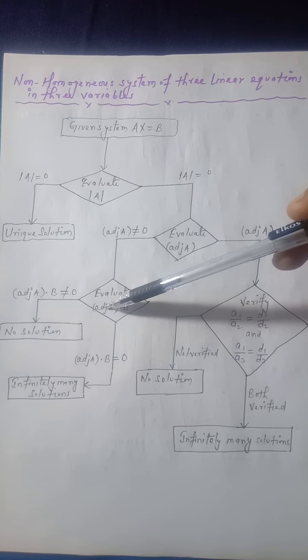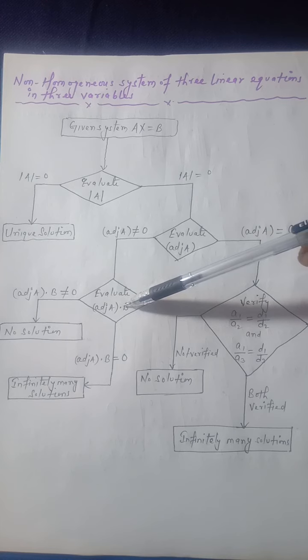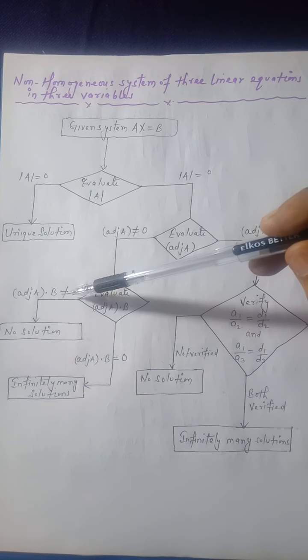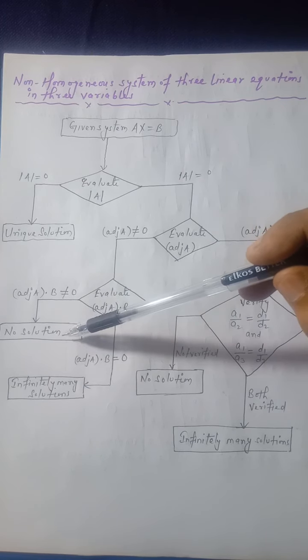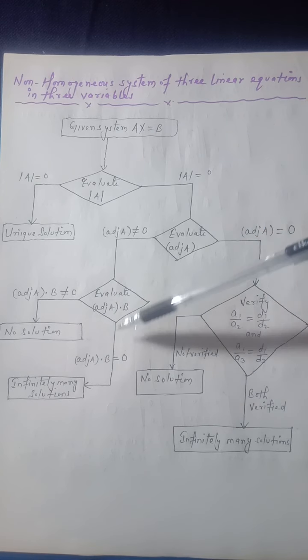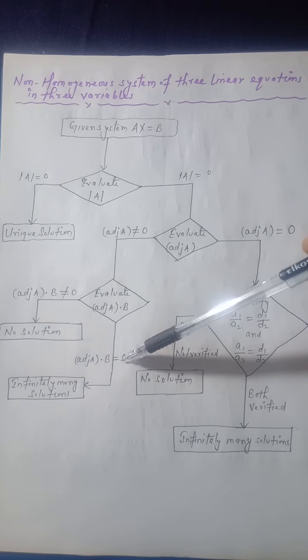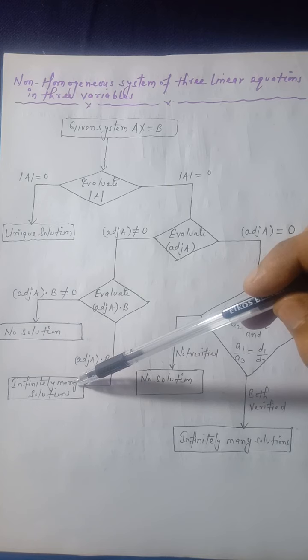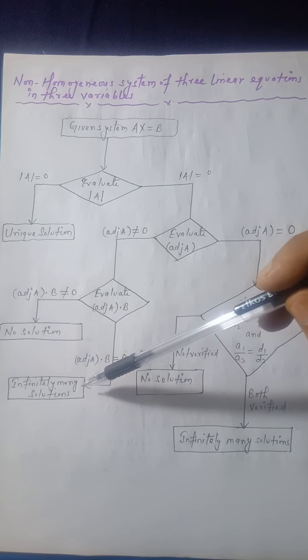And when this adjoint of A into B is not a null matrix, then you will write no solution. But when it is 0 or null matrix, then you will write infinitely many solutions.